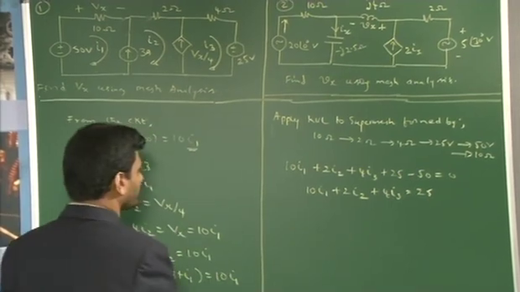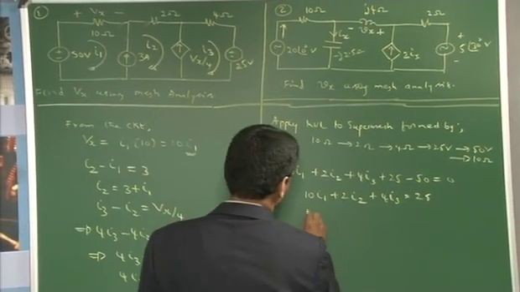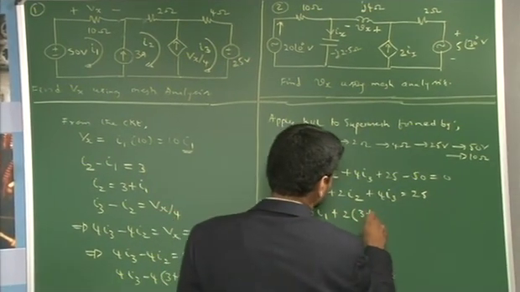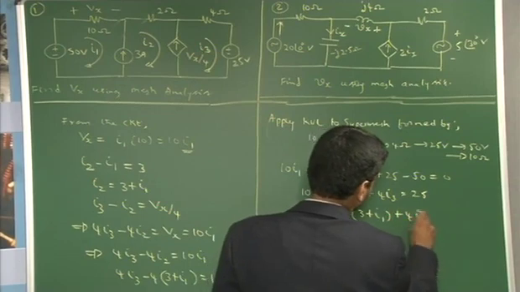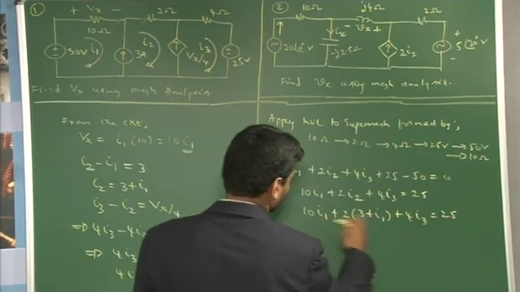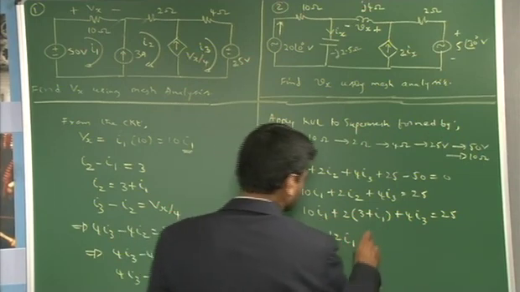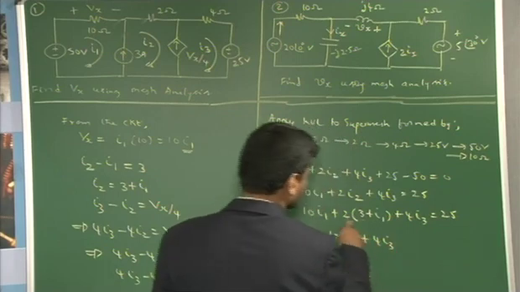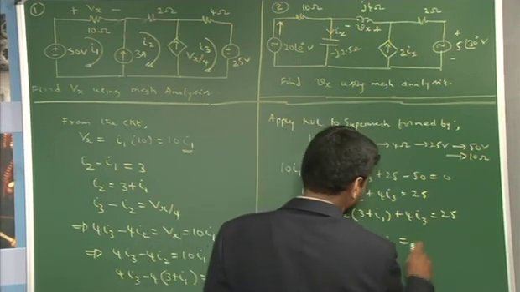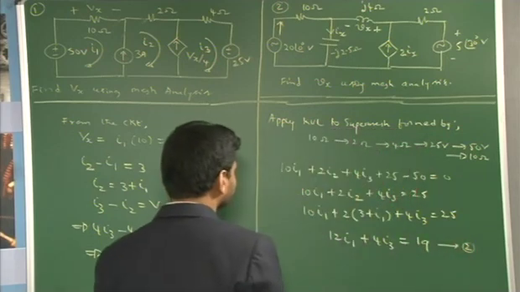Now, again we are writing I2 in terms of I1. So, 10 I1 plus 2 into I2, which is 3 plus I1, plus 4 I3 is equal to 25. Now, 10 I1 plus 2 I1, so 12 I1 plus 4 I3, and this 2 into 3, 6, will come to the right hand side, becomes minus 6, 25 minus 6 is 19. Call this as equation 2.